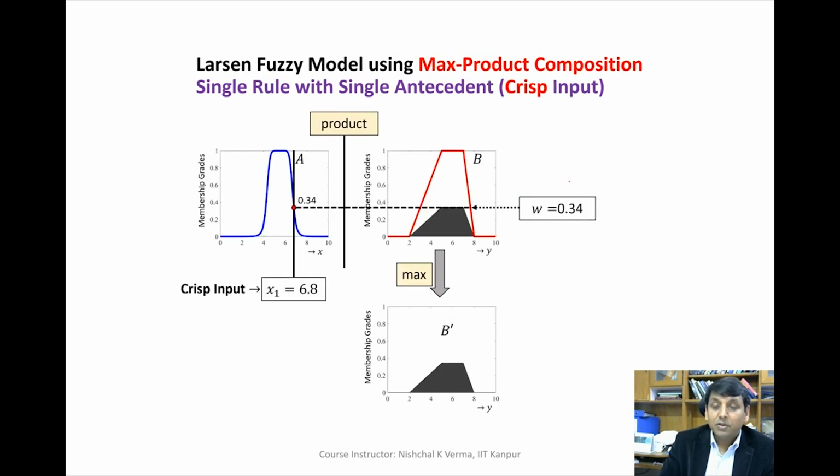Now with the same crisp input, if we use max product composition here, since we have only one antecedent, this product or min is not going to make any difference. They only make a difference when we have more than one antecedent. So the output is going to remain the same, whether we use the max product composition or the max min composition.